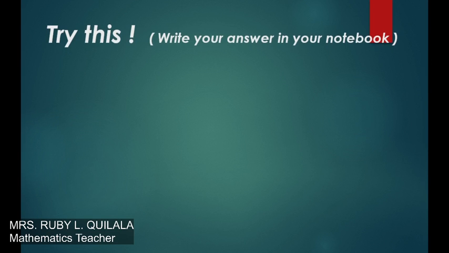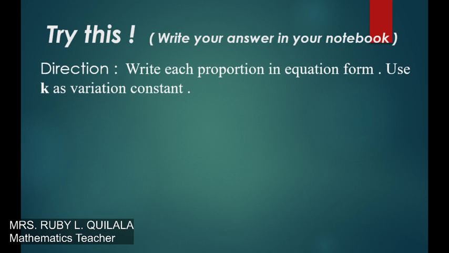So I'll give you some time to answer these exercises and write your answer in your notebook. Direction: write each proportion in equation form. Use K as the variation constant.